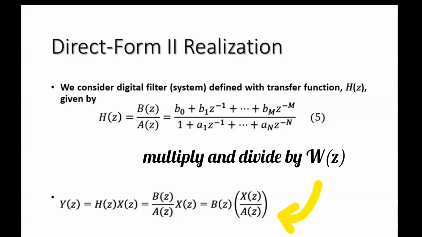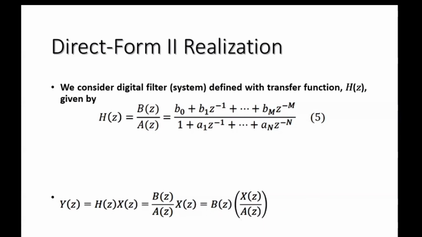Since Y of z divided by X of z is equal to the H of z term, I am going to multiply and divide by W of z on the right hand side.